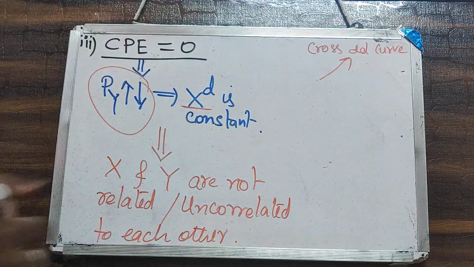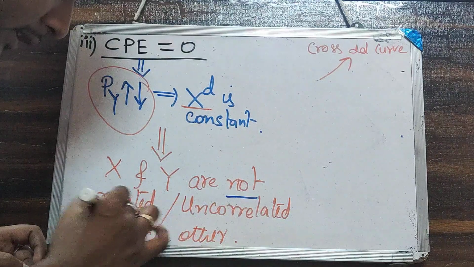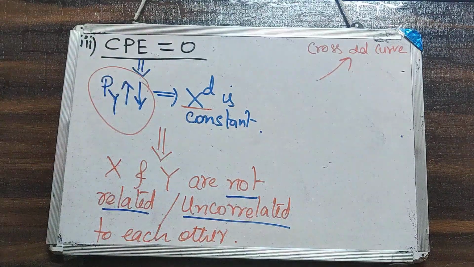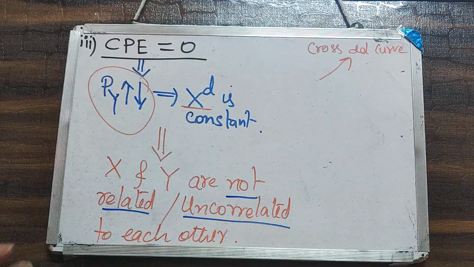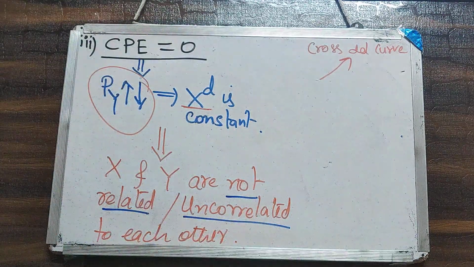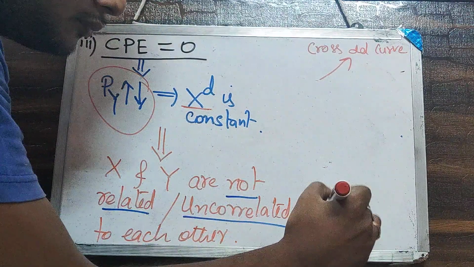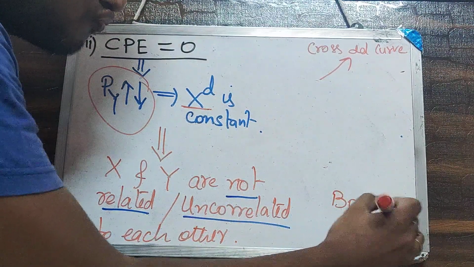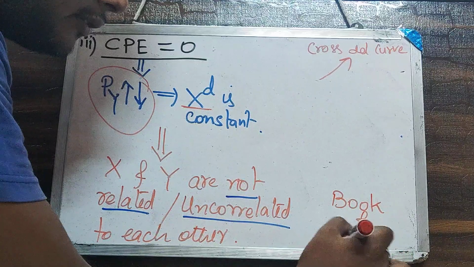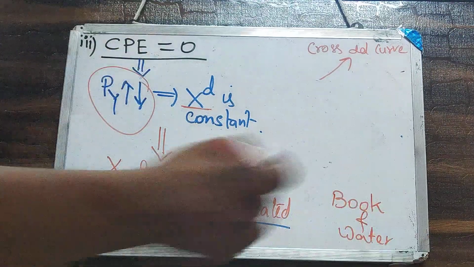Okay, not related or uncorrelated to each other. Example, say book and water.